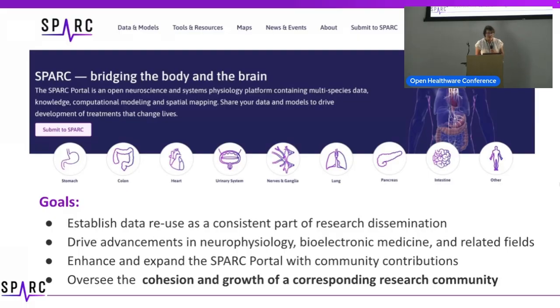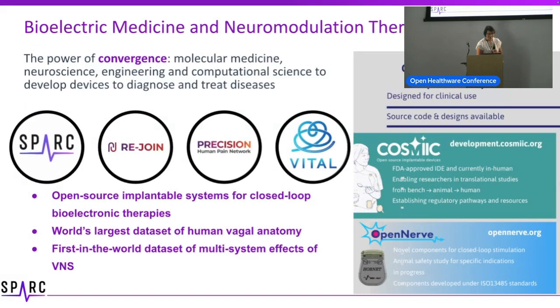But in order to do that, you have to make sure that the data is understandable and accessible. And so that's what the DRC is established to try to help address.